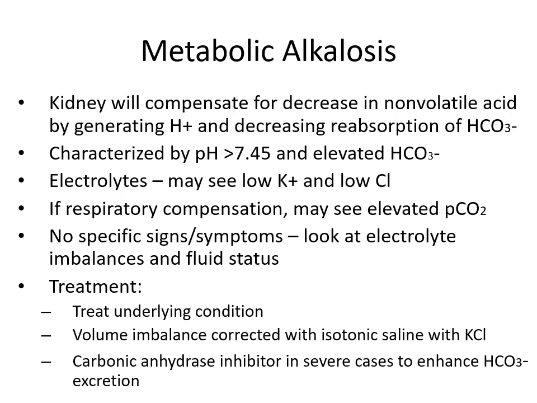There are no specific signs and symptoms, but we can look at electrolyte imbalances and fluid shifts. Our treatment again is focused on the underlying condition. The volume imbalance can be corrected with isotonic saline with potassium chloride, and carbonic anhydrase inhibitors in severe cases to enhance bicarbonate excretion.